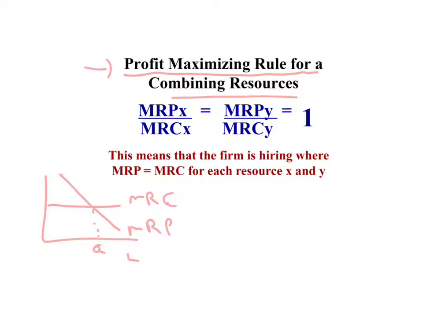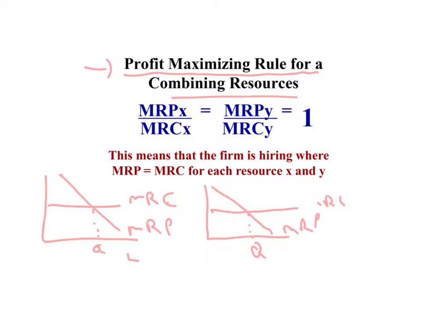If they're purchasing multiple resources, all this means is that they're profit maximizing with every single resource that they're purchasing. So if they're also purchasing or renting capital, the MRP of capital and the MRC of capital also help to define the intersection between those two, the quantity that would be appropriate to purchase of capital.